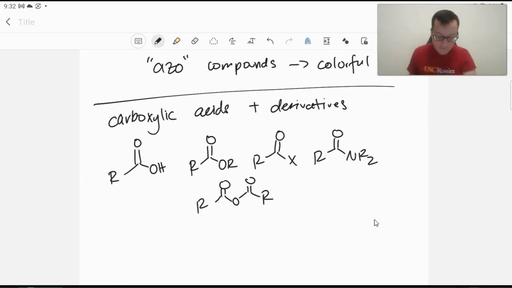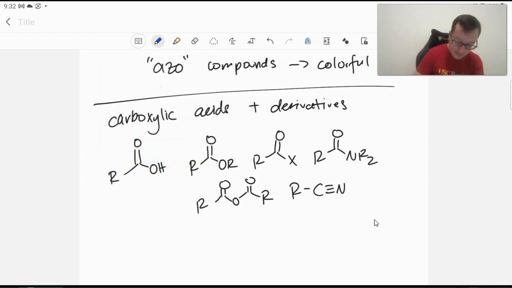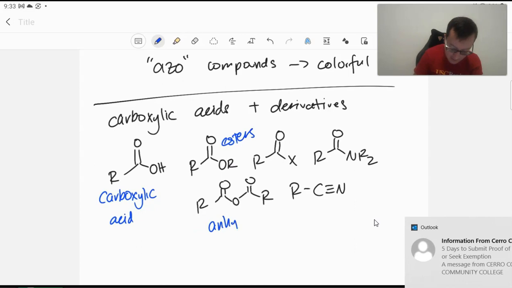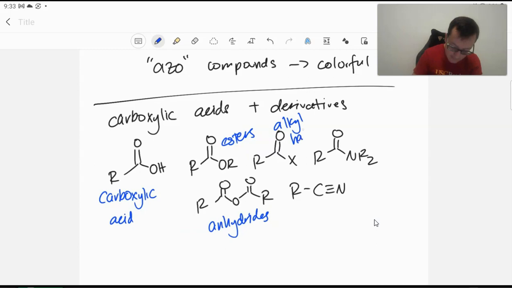So we have actually 6 different functional groups that are going to be covered in this chapter. So first one, of course, is the carboxylic acid itself. Also going to be talking about esters, anhydrides, alkyl halides, amides, and nitriles.